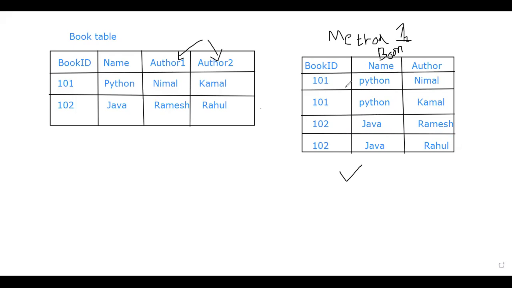Yes, the values are atomic. That condition is satisfied. And does it contain any repeating groups? No, it doesn't have repeating groups. Therefore, this table is in first normal form.